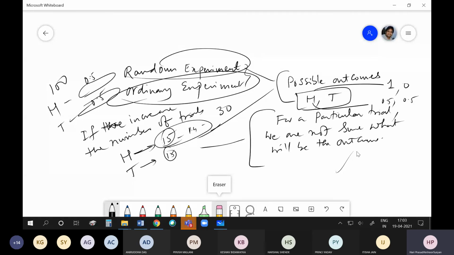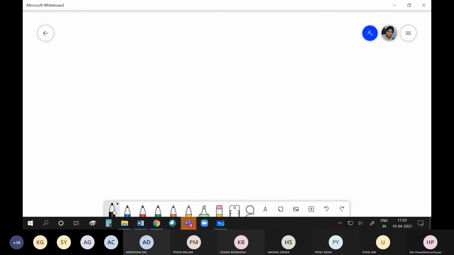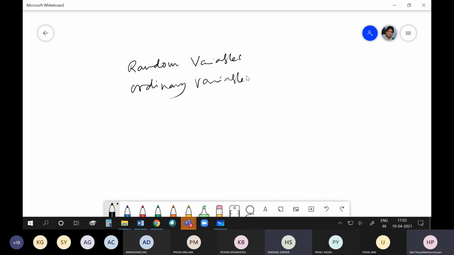Another question is, what is the difference between an ordinary variable and a random variable? Does anybody know? A random variable can take values in a range that we know. And what about an ordinary variable? This is not correct.